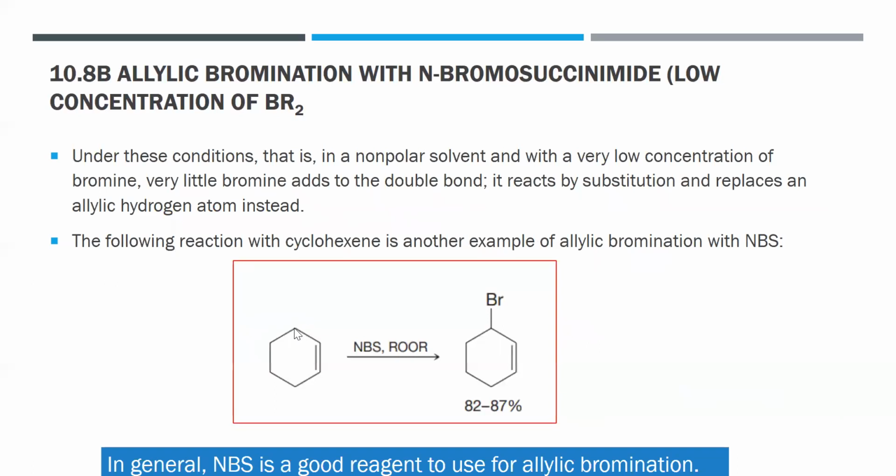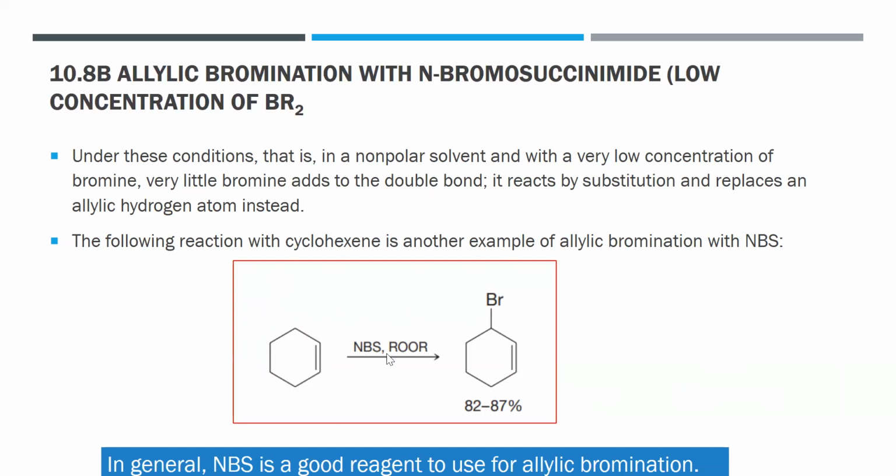We have a substitution reaction at the allylic position from that of our carbon double bond. Under this condition, that is in the nonpolar solvent and a very low concentration of bromine, Br2, very little bromine adds to the double bond, and it reacts by substitution and replaces the allylic hydrogen.